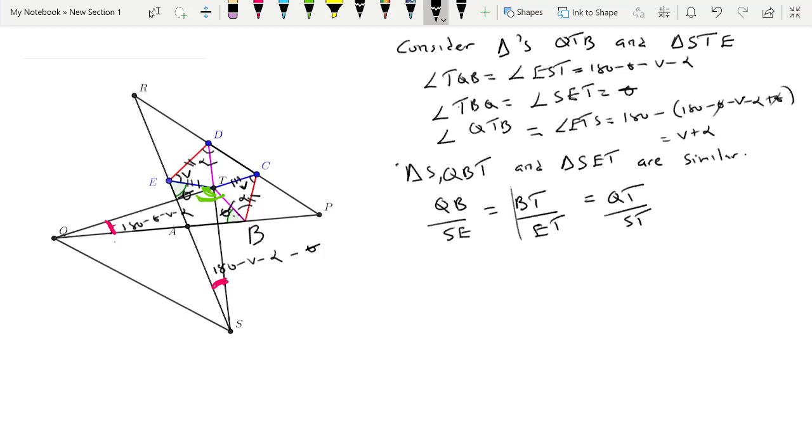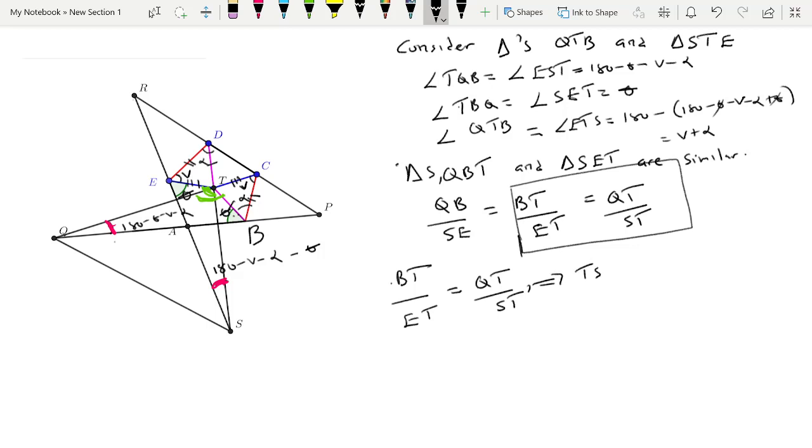At this point, I'll be using this ratio next. We have BT over ET equals QT over ST, right? So then this means that ST times BT is equal to QT times ET. At this point now, we might want to make some things happen.